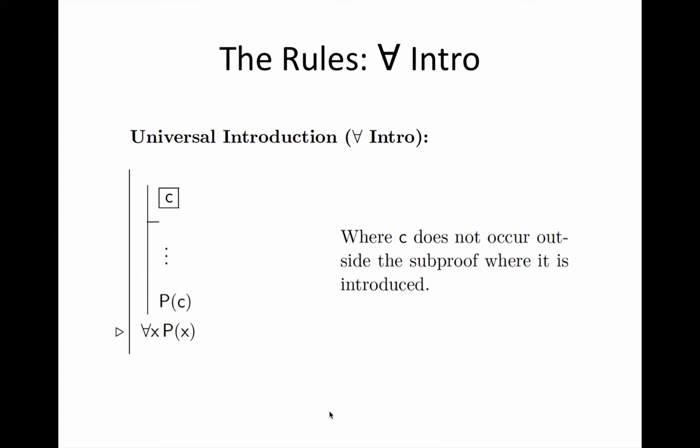Now the same restriction applies here as with the previous version of the universal intro, namely the name that you've chosen does not occur outside of the subproof in which it appears.